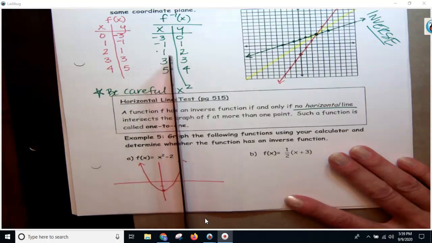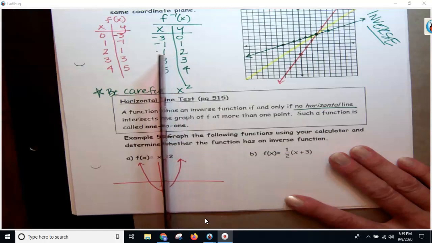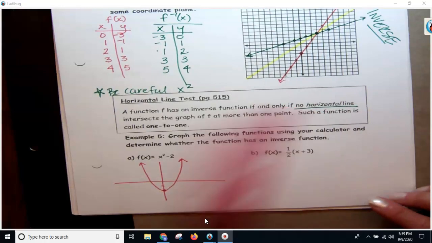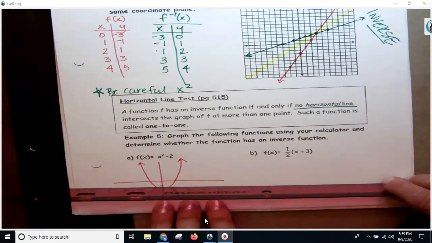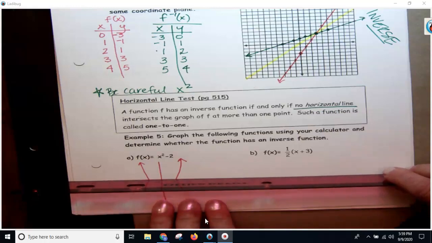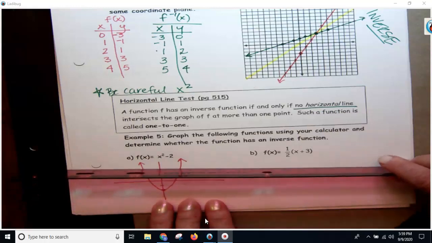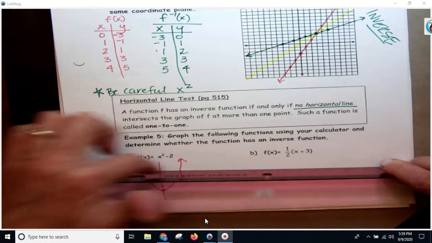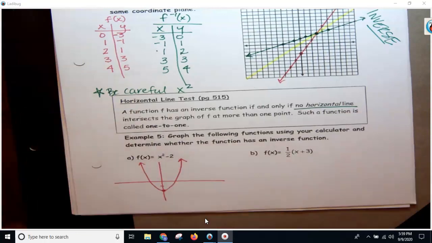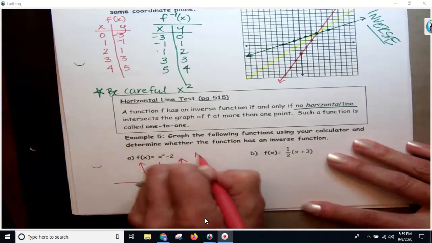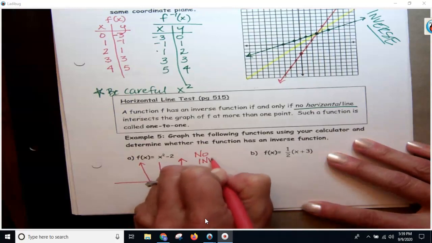It's not touching my ruler more than one time at any one place. However, as we learned on the other page, this horizontal line test is not being met because it's touching my ruler at more than one point. So therefore, there is not going to be an inverse.